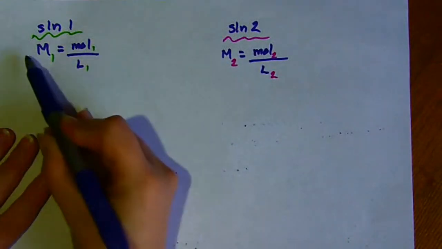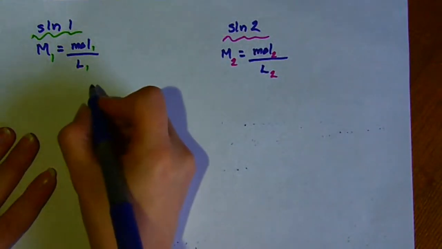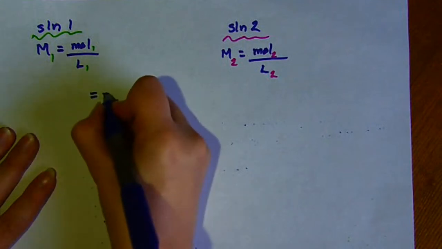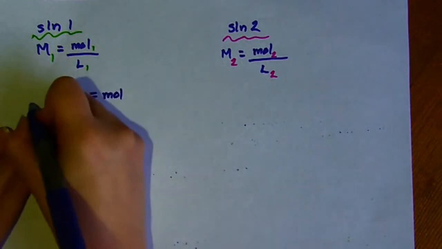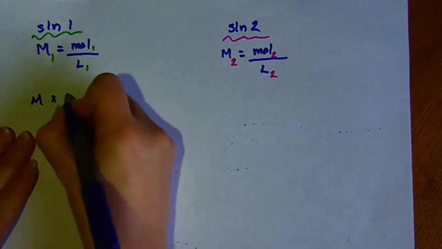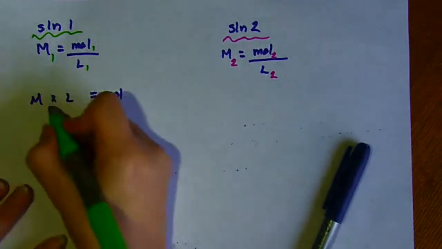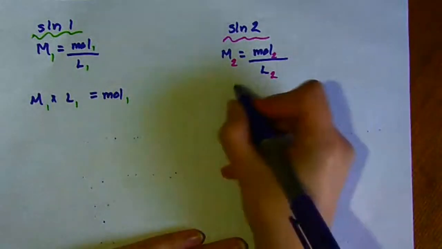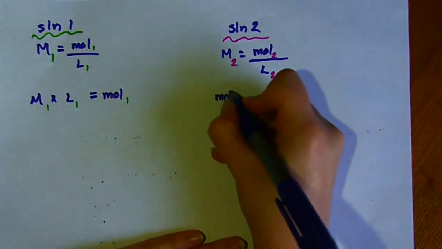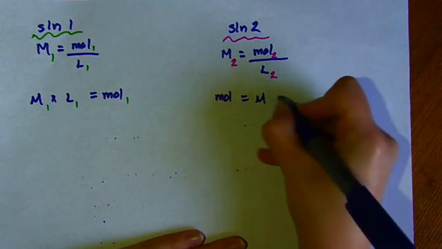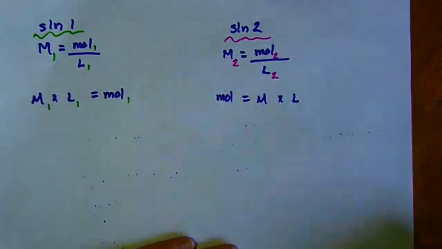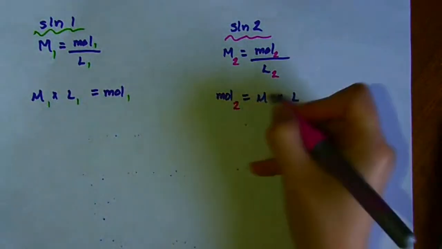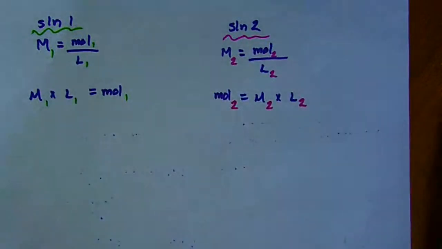So we are going to multiply both sides by L here. Okay.